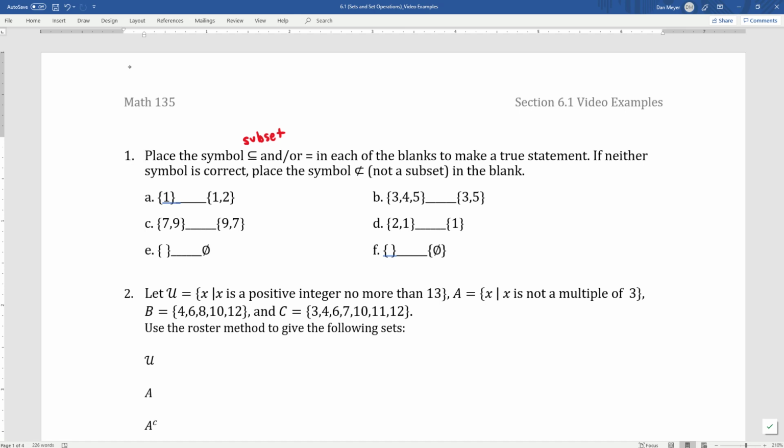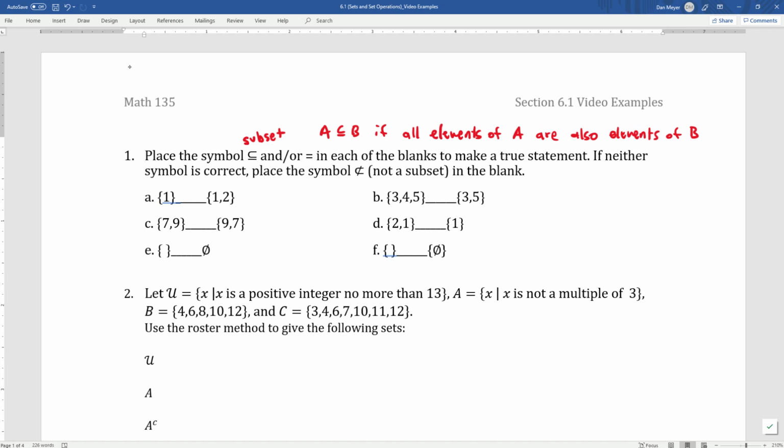Remember, A is a subset of B if all elements of A are also elements of B. So if we want to build a subset of B, we just root around in B, see what's there, and take a few things. Maybe take all the things or none of the things. But most subsets, we take some of the things, but not all of the things.